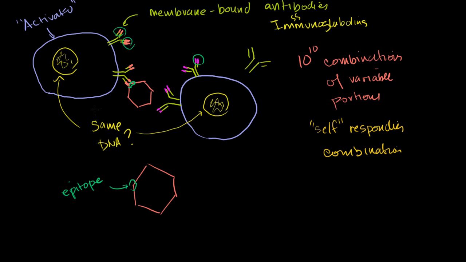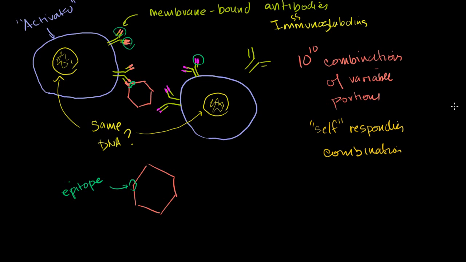In order to really become activated, you normally need help from helper T cells, but I don't want to confuse you in this video. So in this case, I'm going to assume that it just needs to be triggered by binding with the pathogen. But we'll see in most cases you actually need the helper T cells as well, and we'll discuss why that's important. It's kind of a fail-safe mechanism for your immune system.